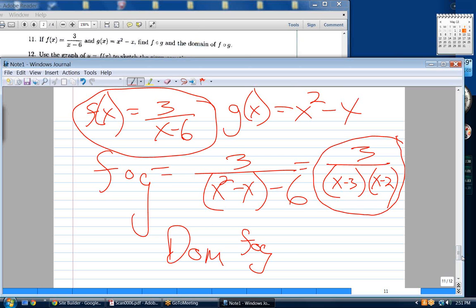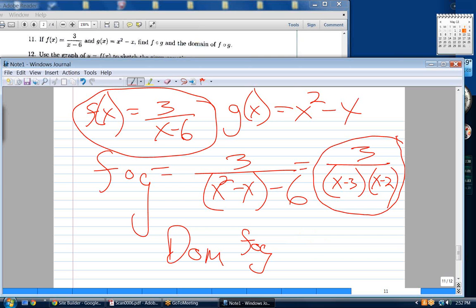As to whether x can be equal to 6 or not, I would love to know the answer to that. That may be something you should ask your teachers, the domain of number 11. Okay. And we'll find out conclusively whether 6 is excluded from the domain or not. I think it is.